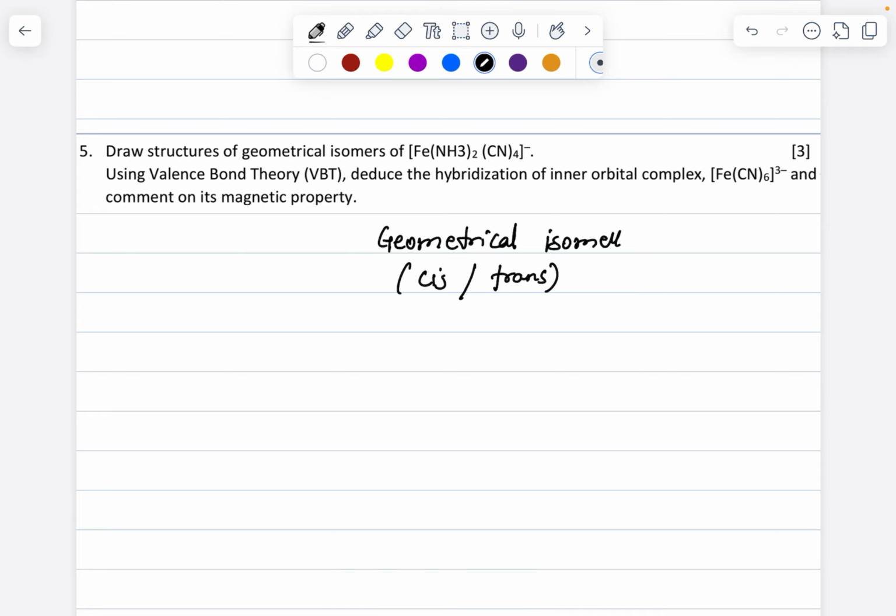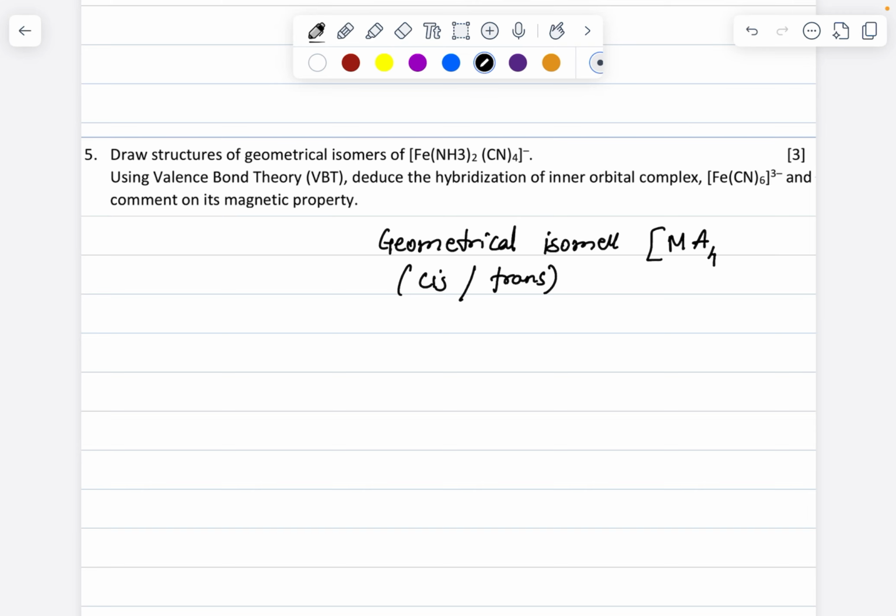So this is of the type MA2X4, and this is possible.